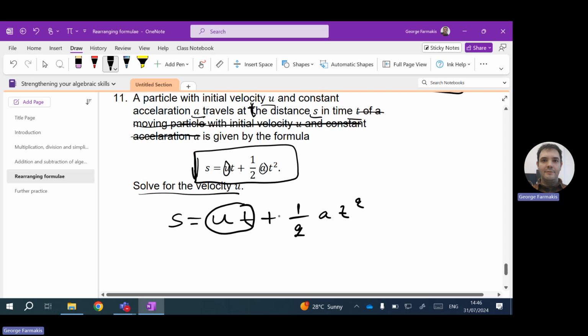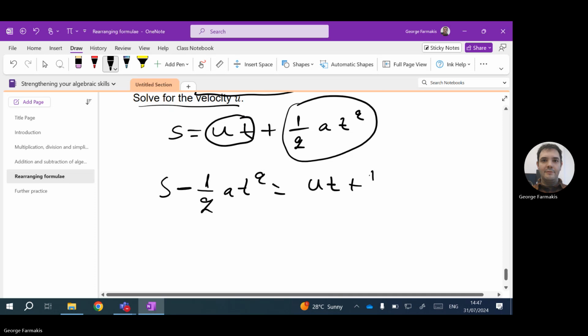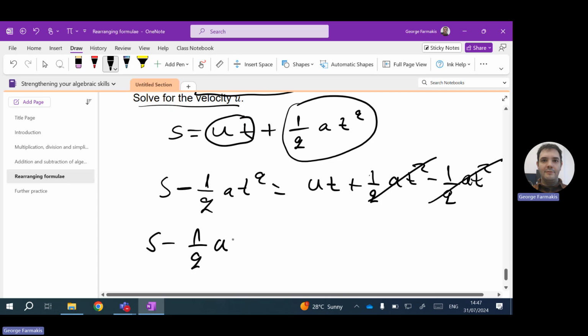What we can do, we can subtract this term from both sides. So if I subtract this term from both sides, what do we have? We have minus 1/2 acceleration t squared. So here we'll get a 0. So we end up with s minus 1/2 a t to the square equals u times t.